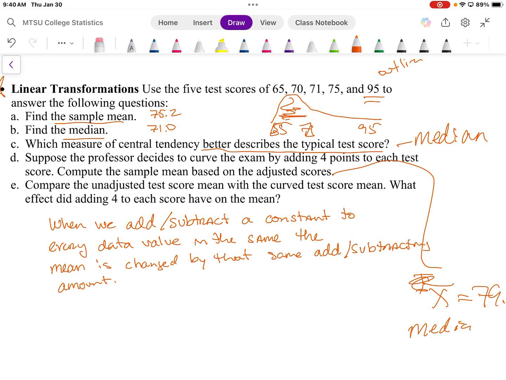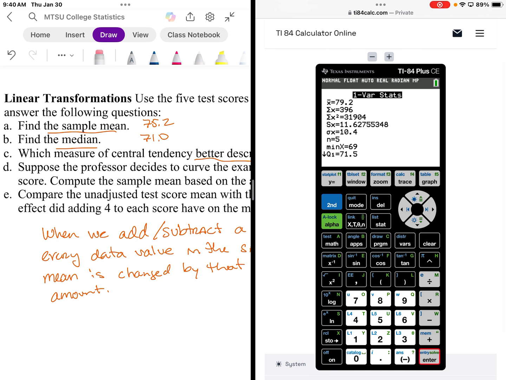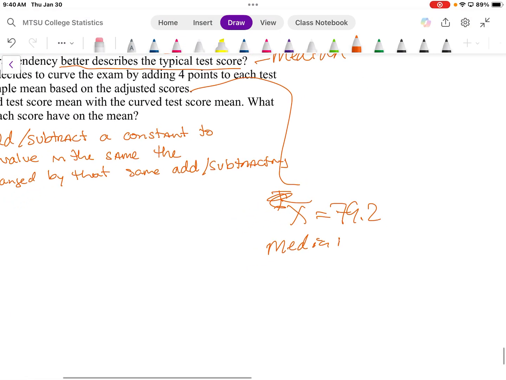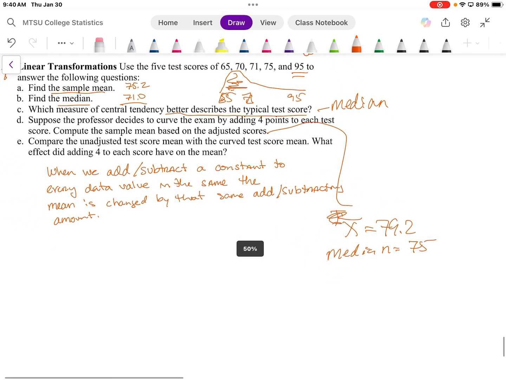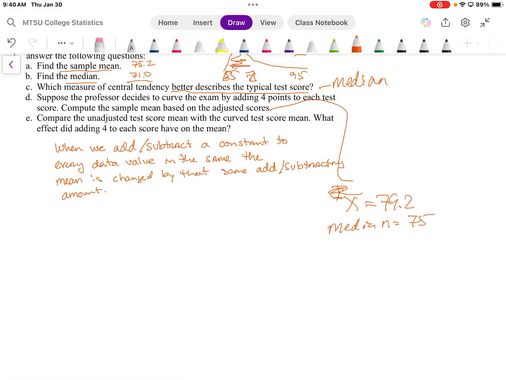And if I swipe left, get my calculator up there, scroll down, median is 75. Did we add 4 to that one too? The new median was 75. The old median was 71. So, yeah, it added 4 to the median as well. The old median, we just added 4 to it.